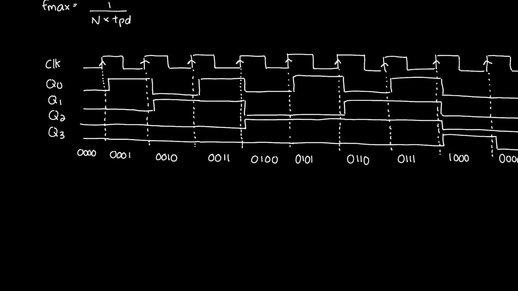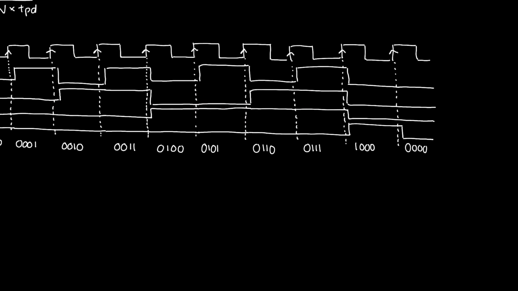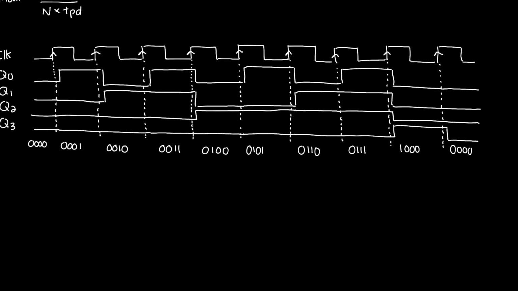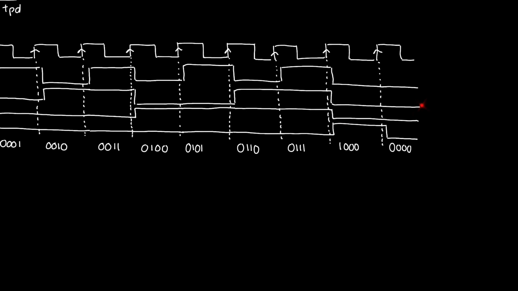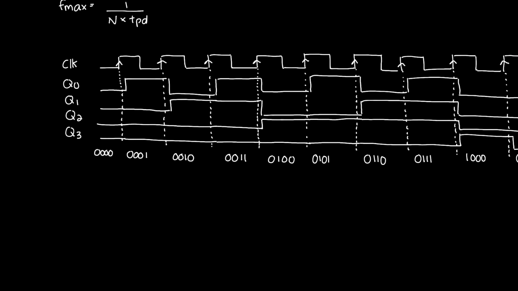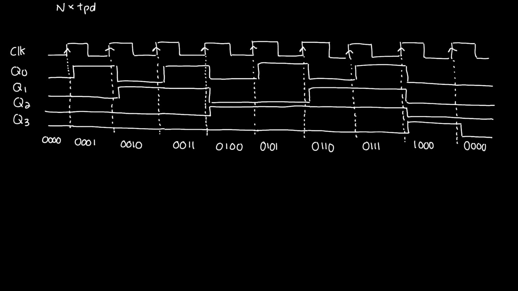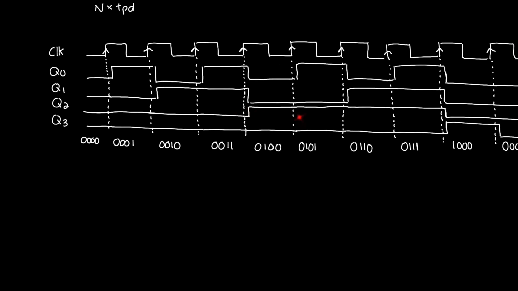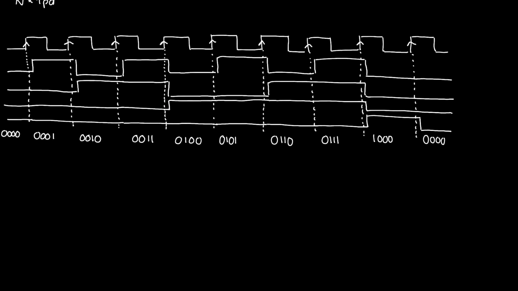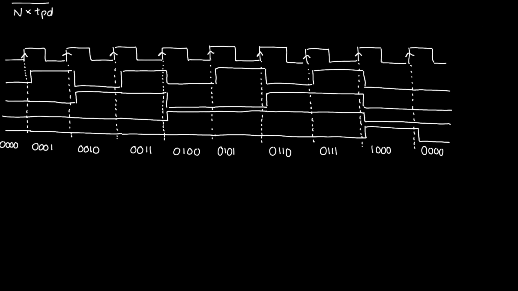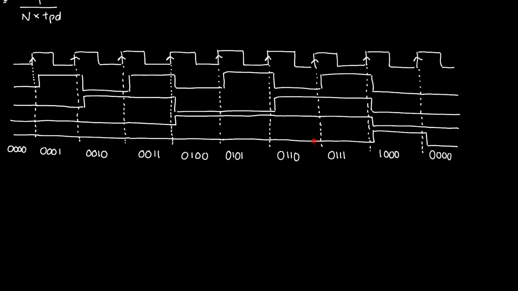And even Q1 kind of, I guess, right? Sort of, but actually, as I would see later on, no, it's not. So again, it's not fully 50%. And same with Q2. And Q3 is really obviously not a 50% duty cycle.